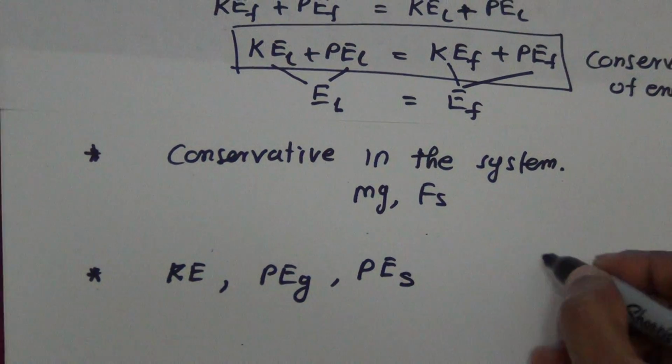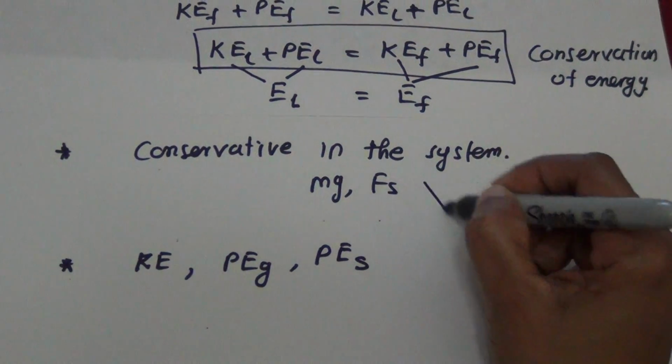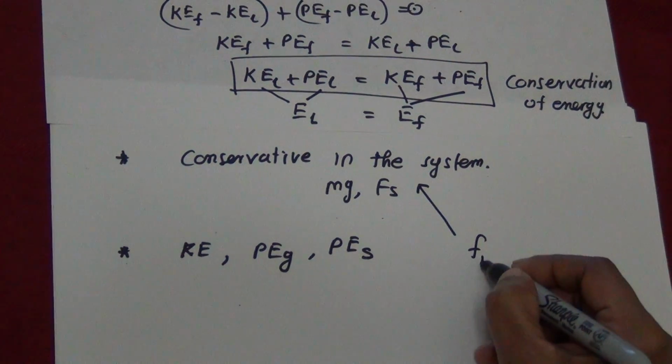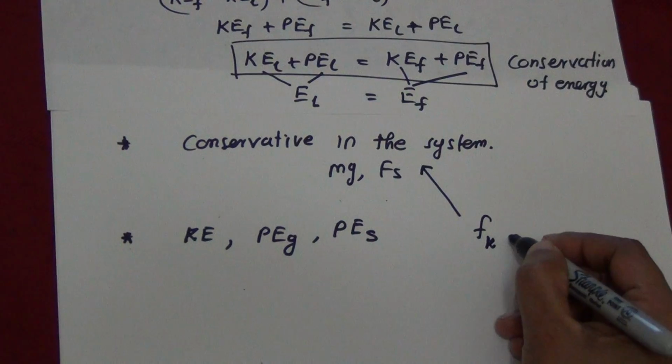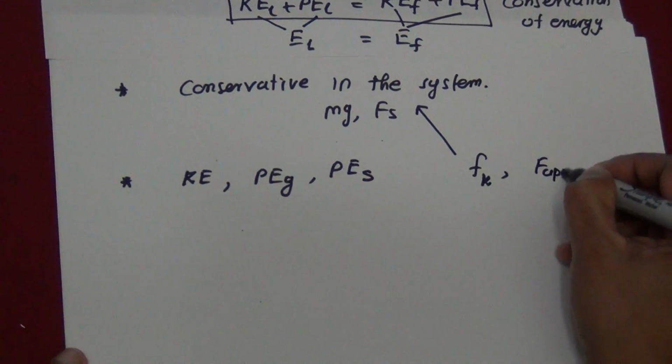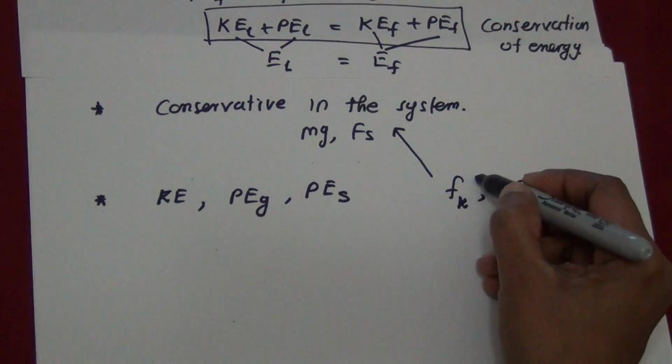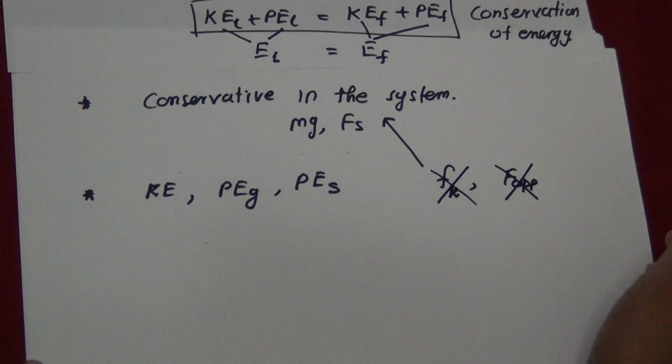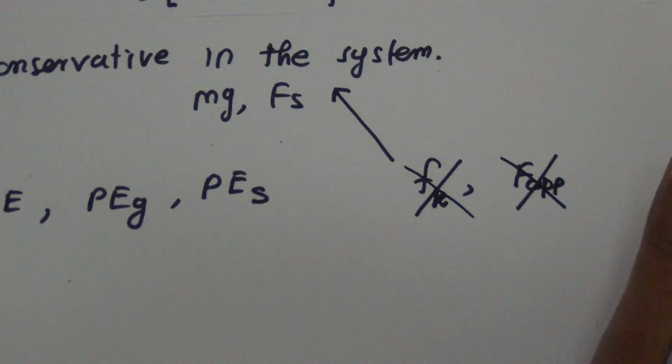Whenever you see a non-conservative force like friction, or sometimes an applied force by an external agent, then you cannot use the conservation of energy, right?